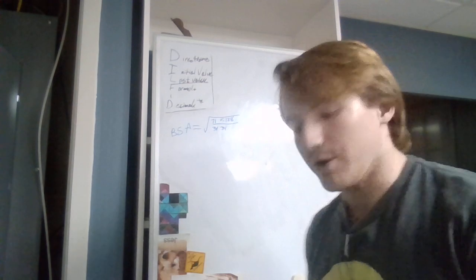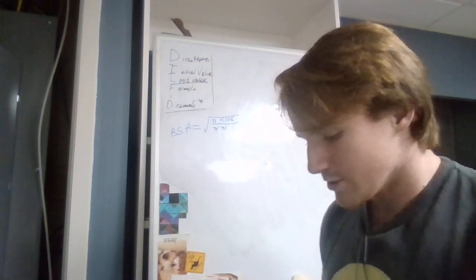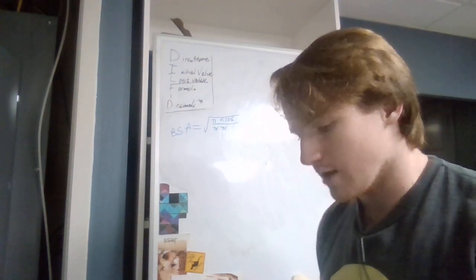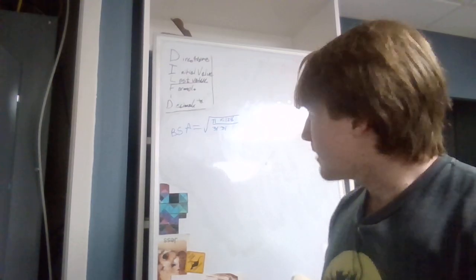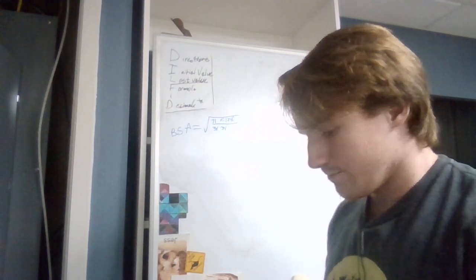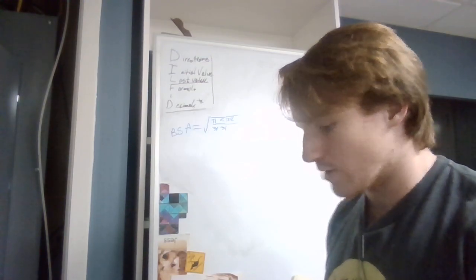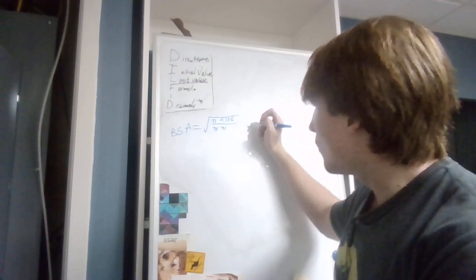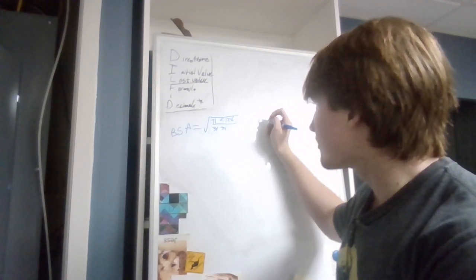That is our conversion value for the imperial measurements. That's 71 times 128, that's 9,088, divided by 3131 makes 2.9. And then the square root equals 1.7 meters squared.